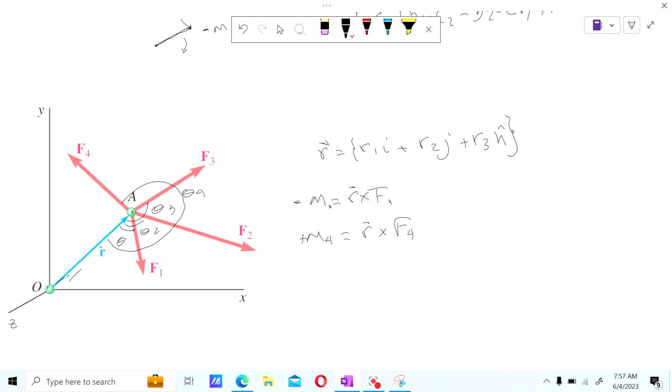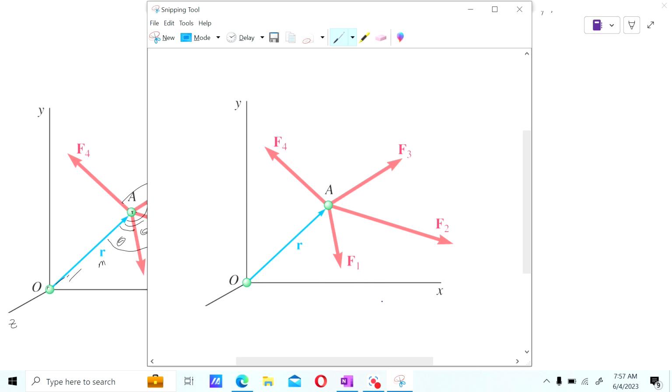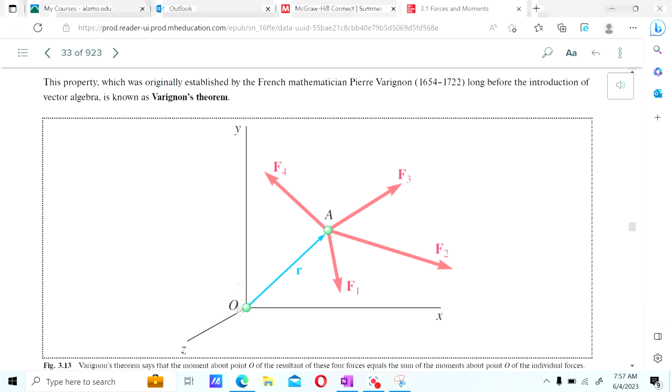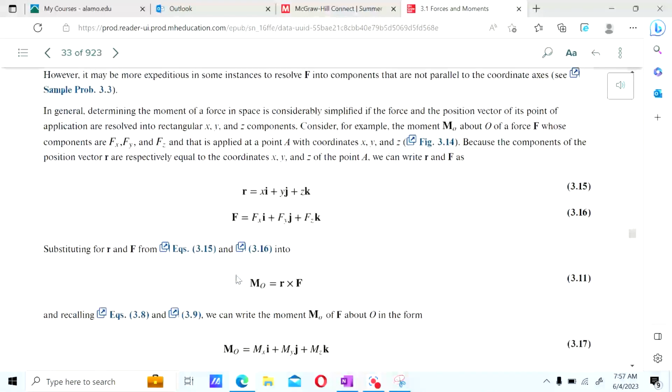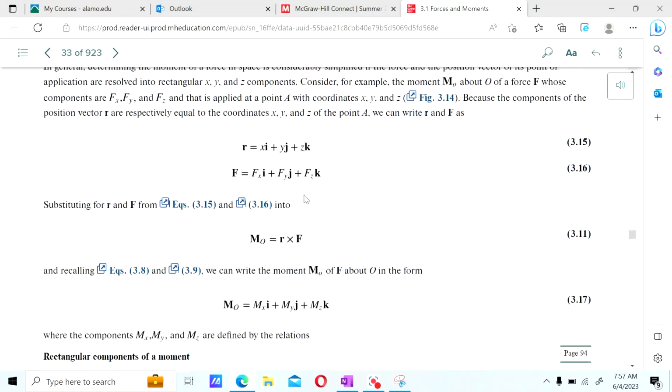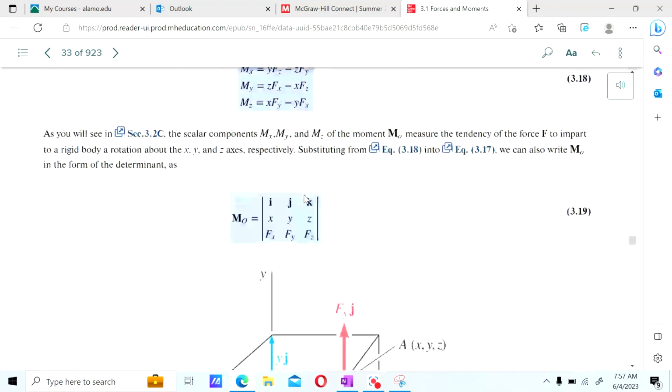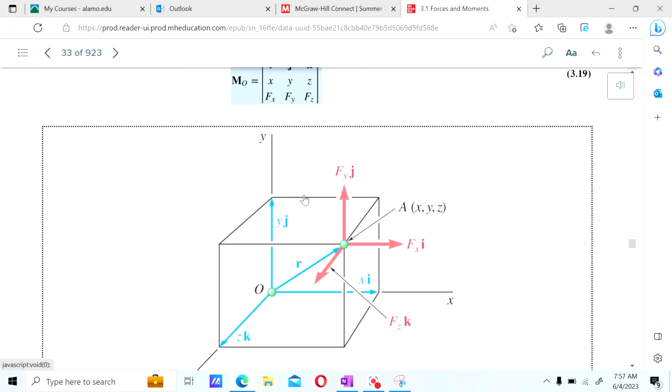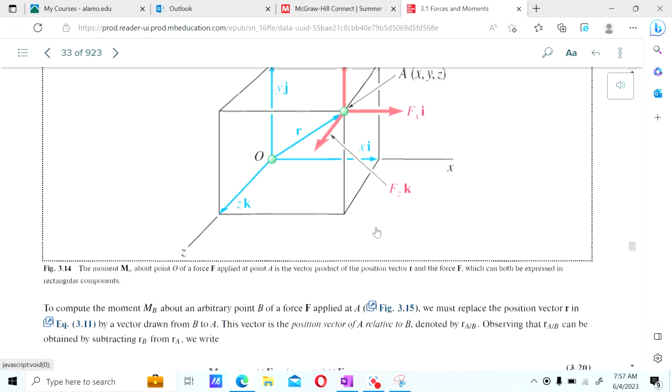So the blue line is a distance, has units of meters or inches or feet, and this has units of newtons. Therefore, remember the moment has units of Newton times meter. Okay, that's good to review. And as we said, you just go ahead and get the components and you can basically get the cross product. So this is what we just did.